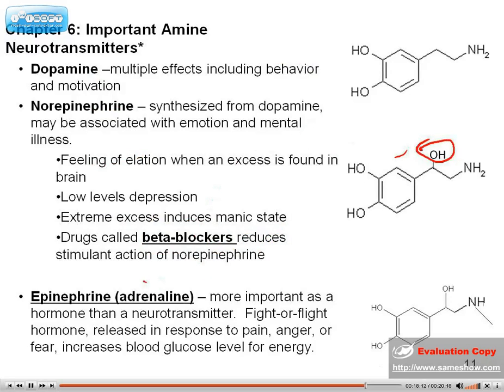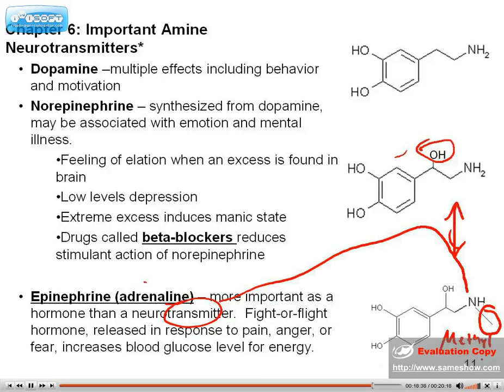Let's go down to adrenaline. Epinephrine, aka adrenaline, has many functions. It also serves as an overall body hormone, but it can also serve as a neurotransmitter. One of the reasons I picked this one out as well is because it's very easy to see the differences. If we take a look at norepinephrine and epinephrine, notice the only difference is this extra methyl group.